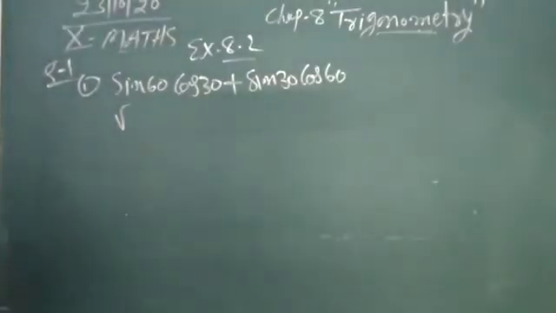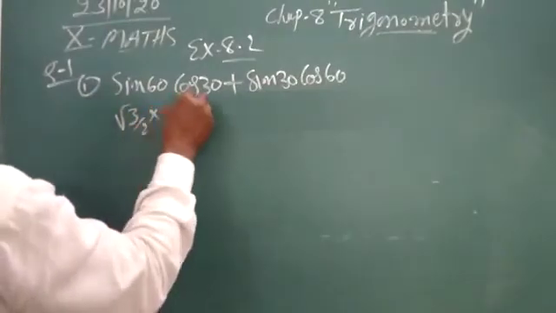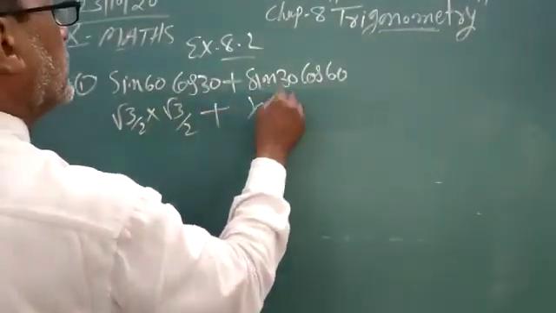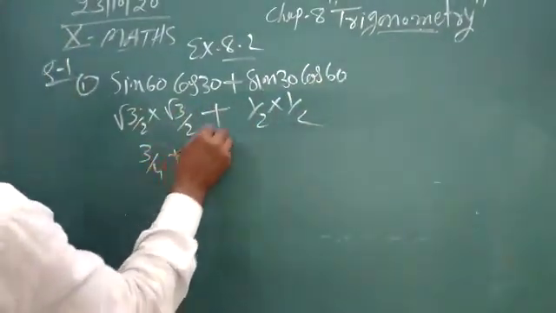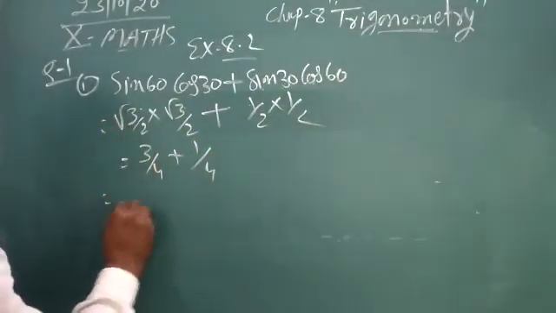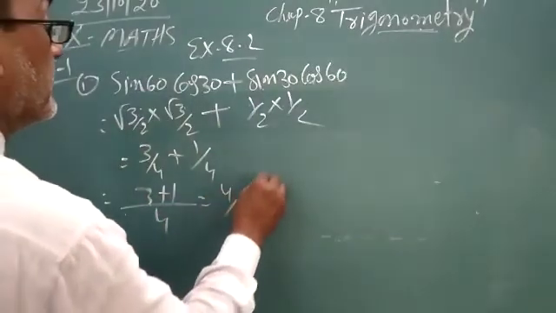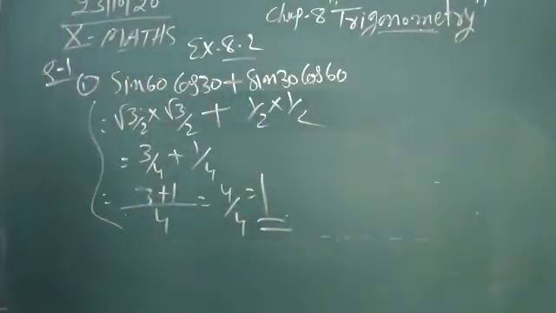Cos 30 has the same value as sin 60. So you write root 3 by 2 times root 3 by 2 plus sin 30, 1 upon 2, times cos 60, 1 upon 2. That is 3 by 4 plus 1 by 4. The LCM is 4, so 3 plus 1 is 4 upon 4, equal to 1.